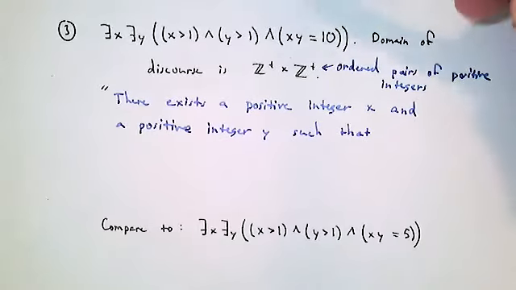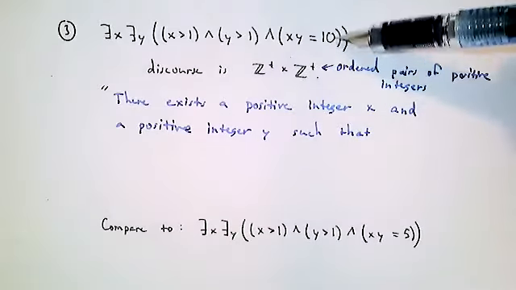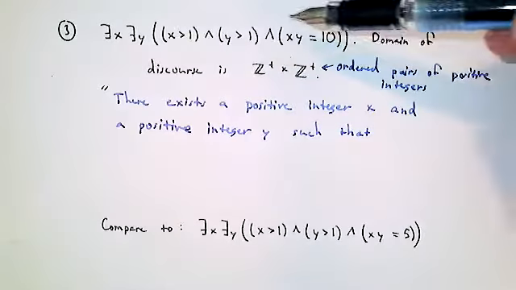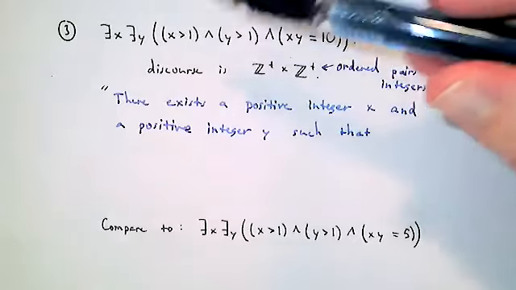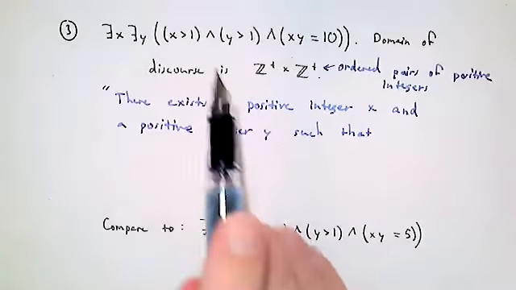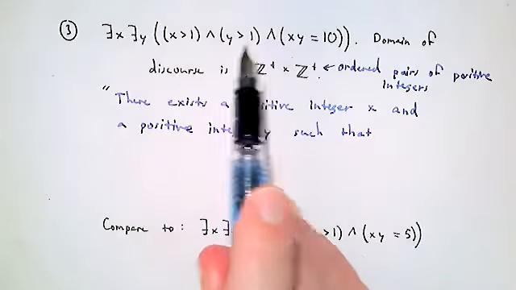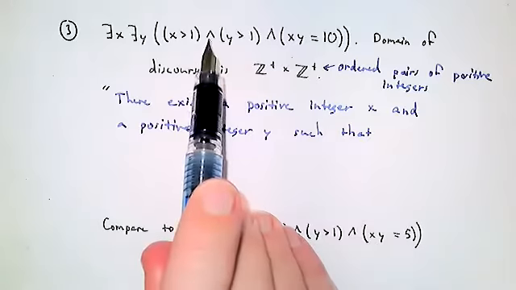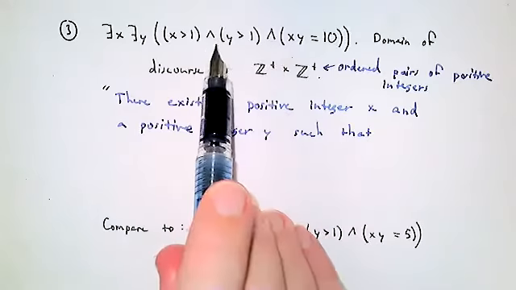And now we have to translate this logical expression, this proposition, into words as well. You can see we have three things in parentheses, and there's an and symbol in between each of them.